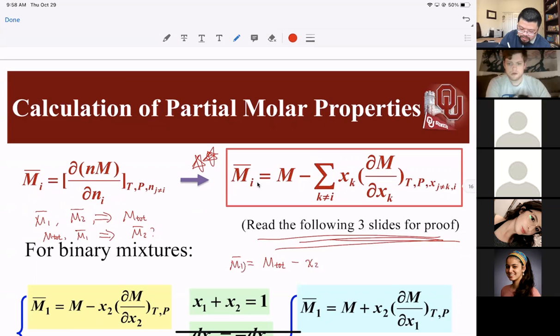So you are looking at component 1, but you need to use the understanding of the other component, x2 times dn of the total over dx2. This is the partial. So you can see that we are connecting those partial molar property calculations. So this is why we are having the partial. And I don't have the other components, but this is because we try to look at a binary system.